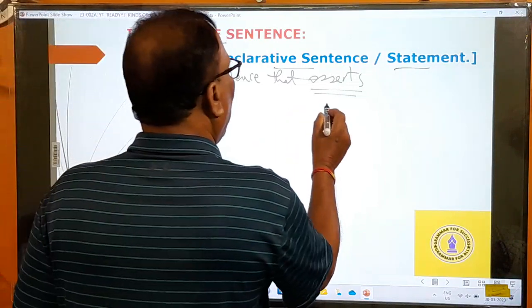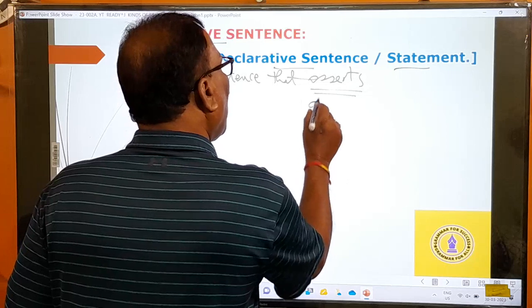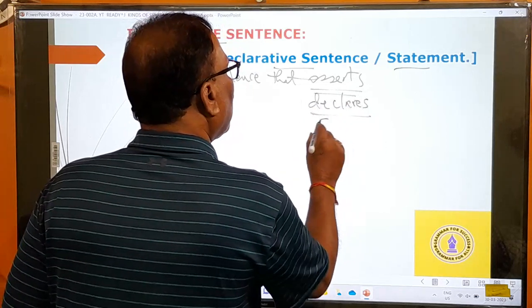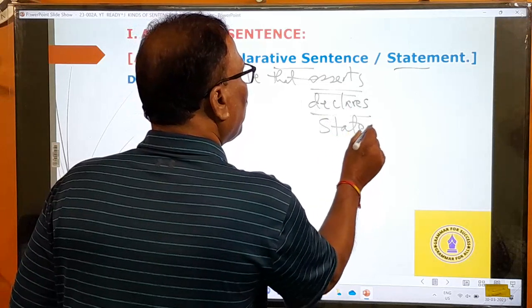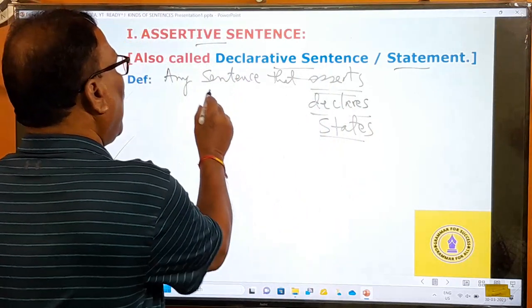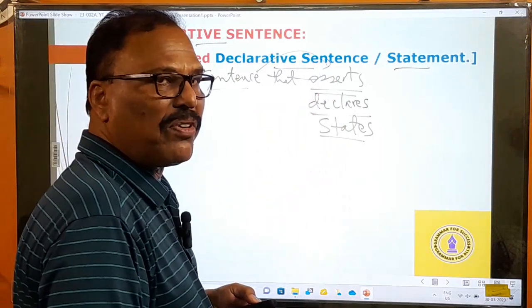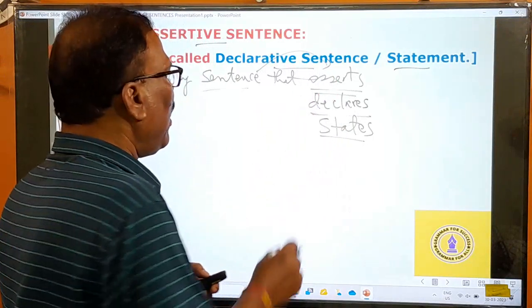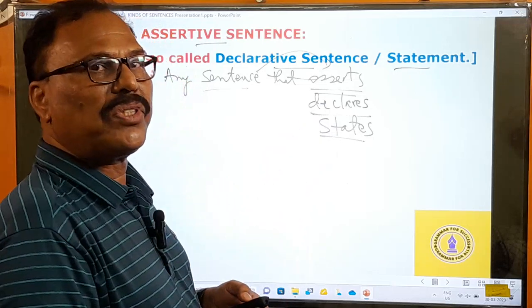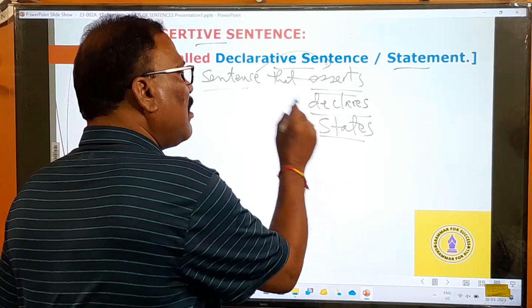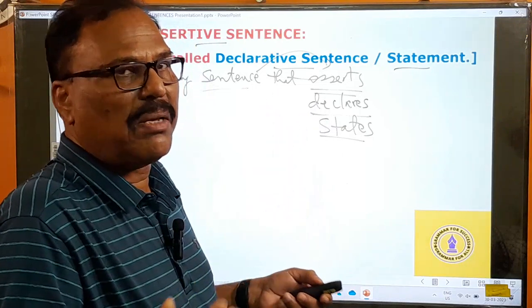And that asserts or declares or states. Three things are given here. Any sentence that asserts means to state firmly that something is true, and declare also means to state publicly or officially that something is true, or to state means to say, simple meaning.